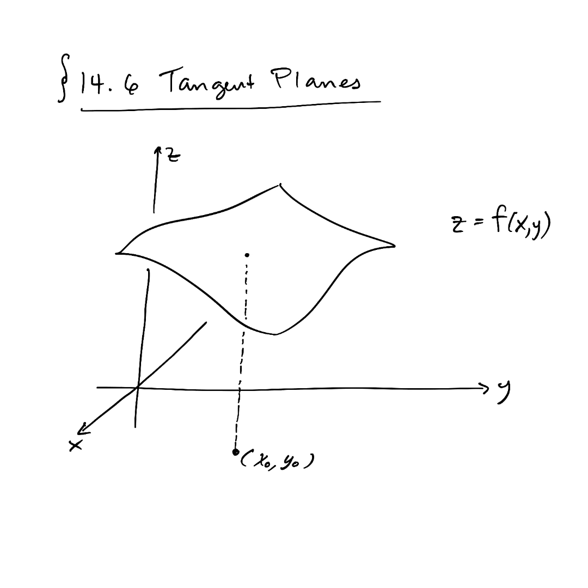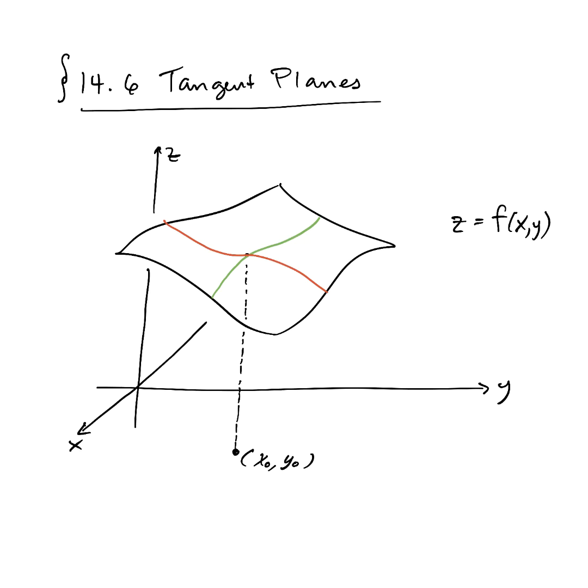So what we have in mind is to think about the path through that point in the pure x direction, and to think about the path through that point in the pure y direction. So say those are the two paths.